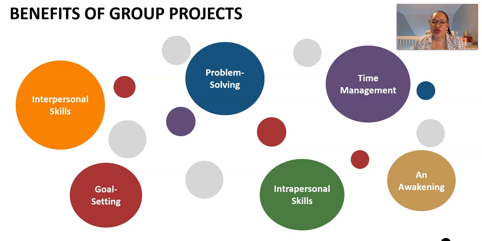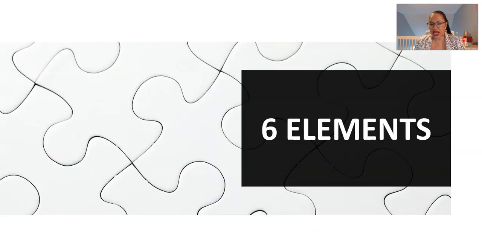They come to these realizations as they work in groups, not when they're working by themselves. So look at all these bubbles: interpersonal skills, goal setting, problem solving, intrapersonal skills, time management, and then awakening. All of this can happen as a result of working in groups and completing group projects.